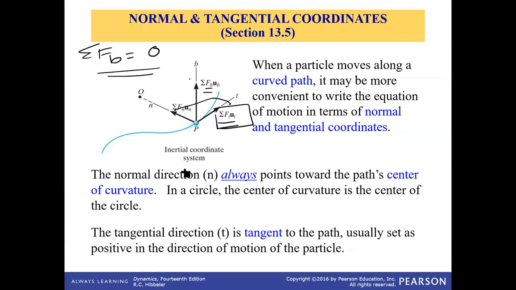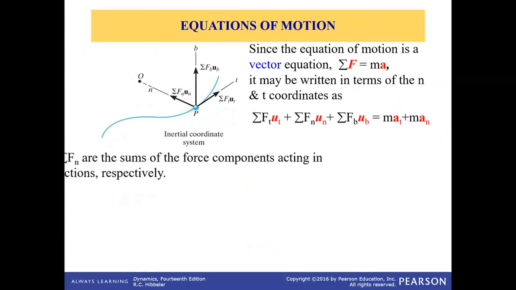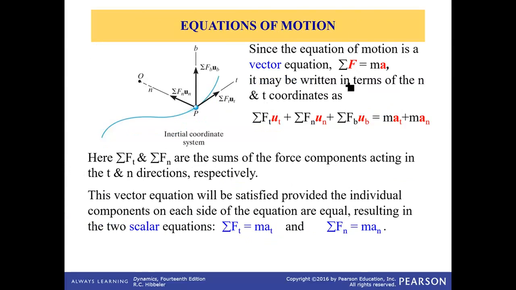The tangential axis is always tangent to the path and points in the direction of motion. Normal is perpendicular to tangent and always towards the center, and binormal is perpendicular to both of them as per the right hand rule. So this is our vector equation.